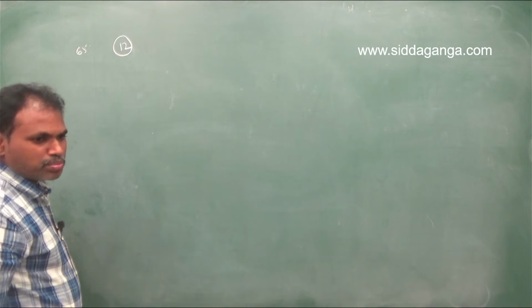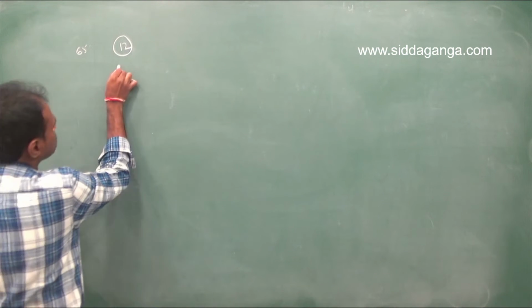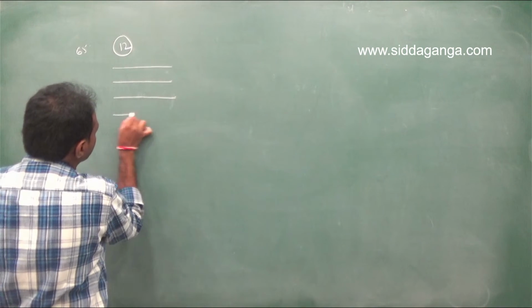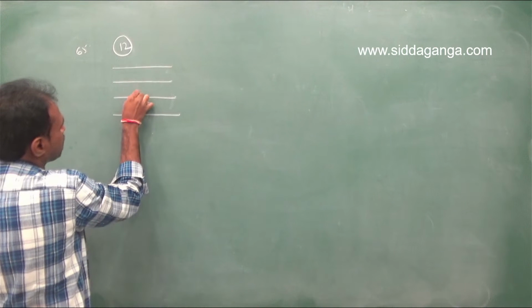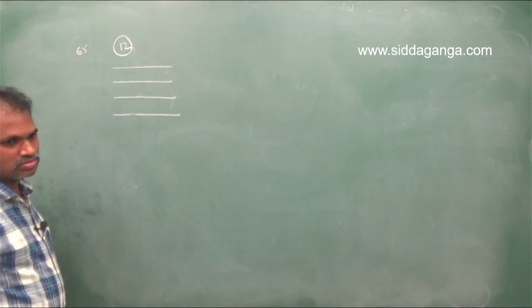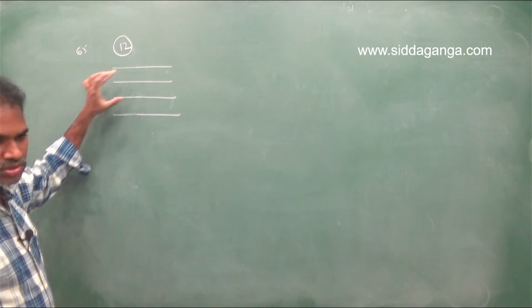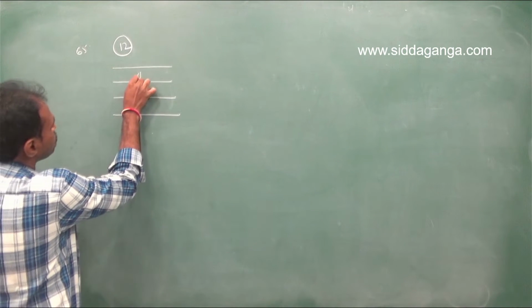Now they can be put in 3 shelves: first shelf, second shelf and third shelf. In each shelf we have to put 4 books.